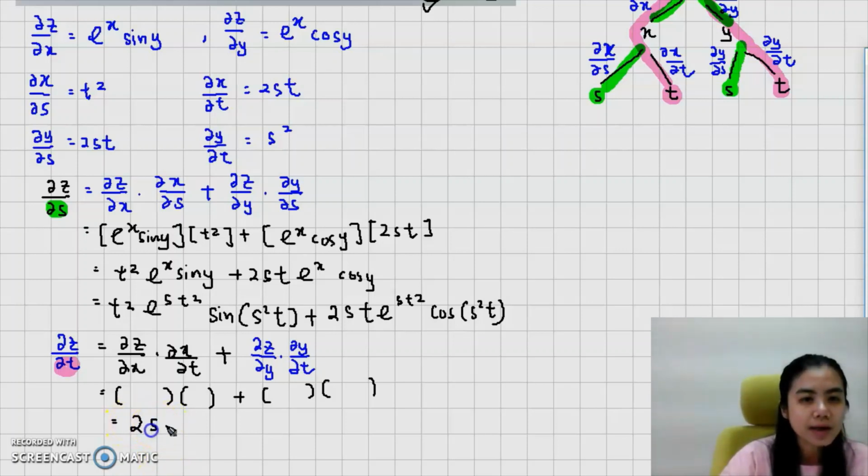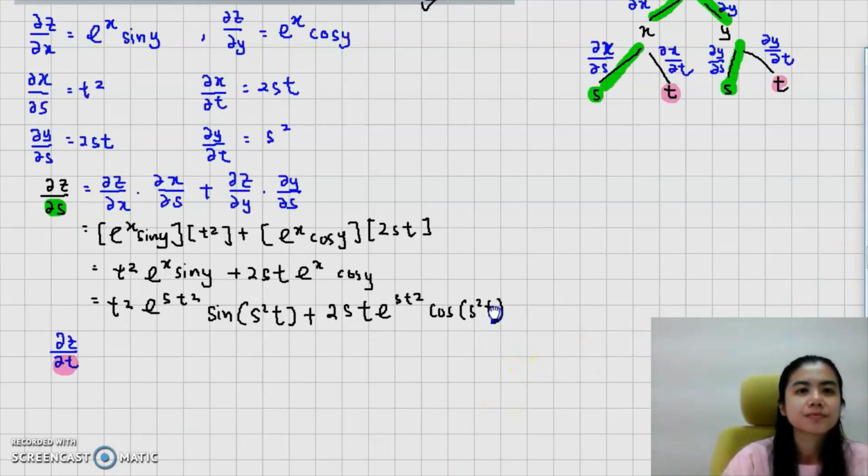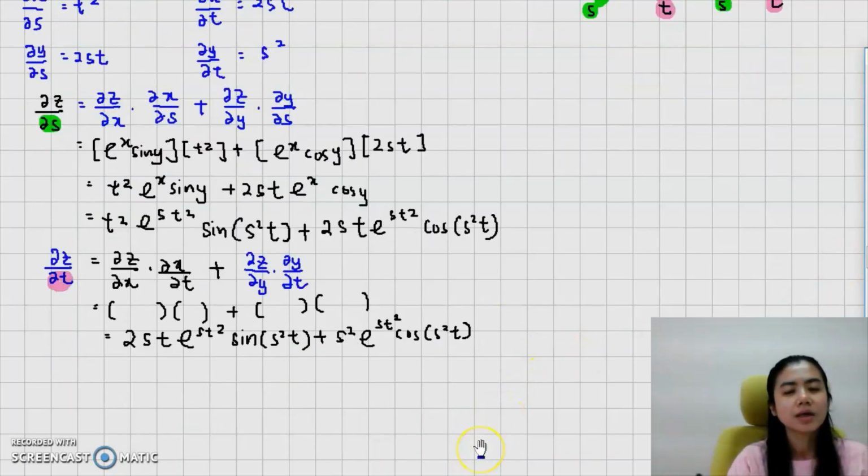2st e^(st²) sin(s²t) + s² e^(st²) cos(s²t). You should be able to get the answer after you have substituted and simplified.